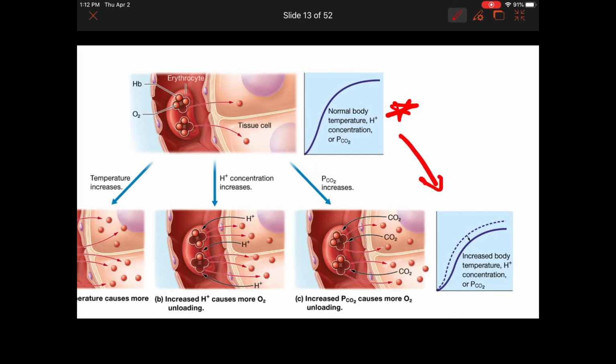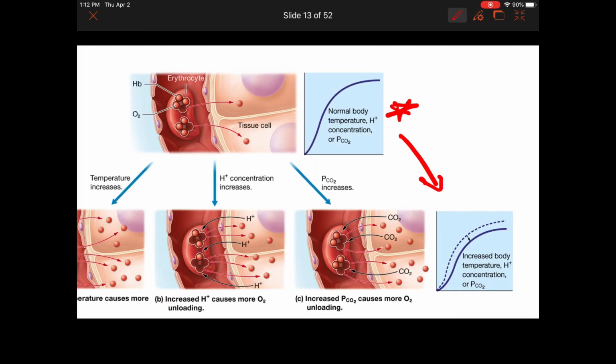Over here in the lower right of this diagram, we started with the normal oxygen hemoglobin dissociation curve. But an interesting thing happened.